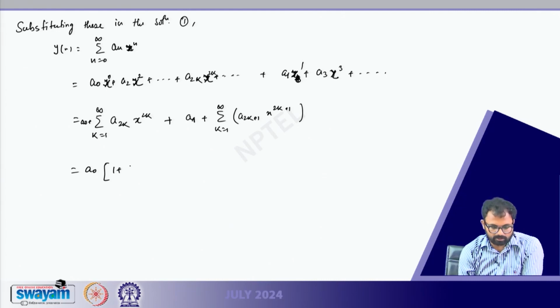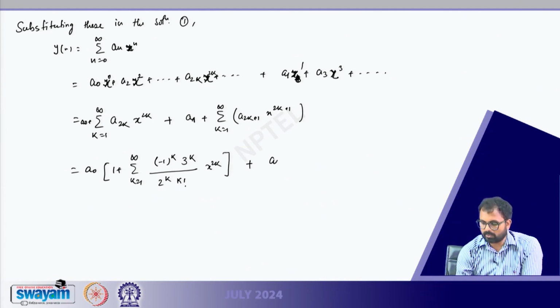So, this is a0 plus summation k running from 1 to infinity whatever the term we had, minus 1 to the power k into 3 to the power k divided by 2 to the power k into factorial k into x to the power 2k, and similarly we can take a1 out.